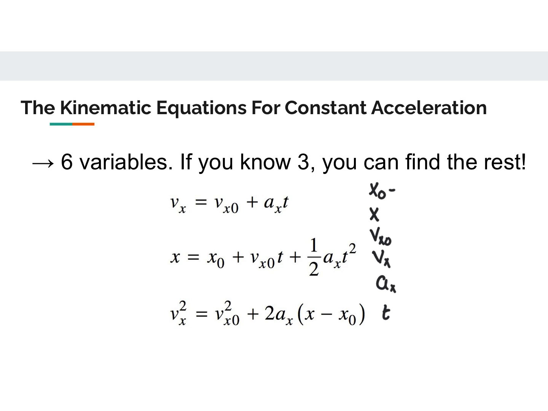As a reminder, x0 means initial position. x means final position. Vx0 is initial velocity.